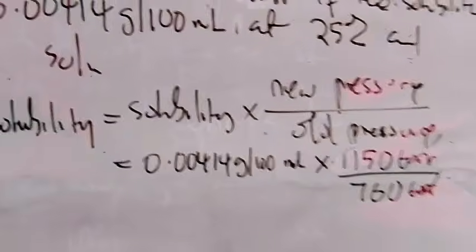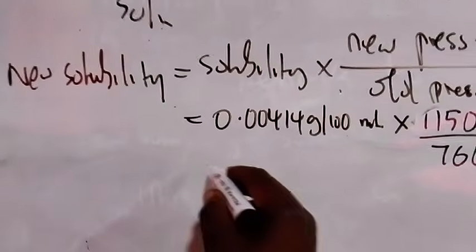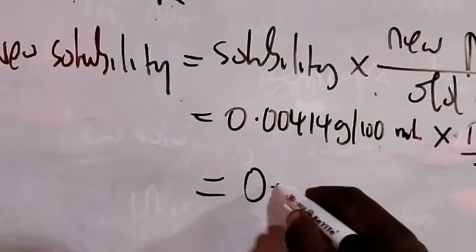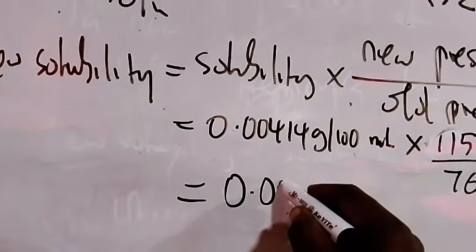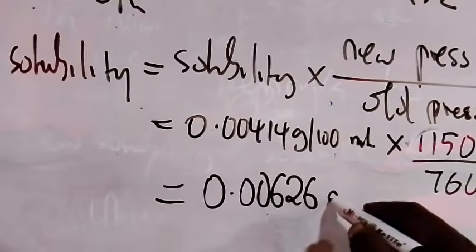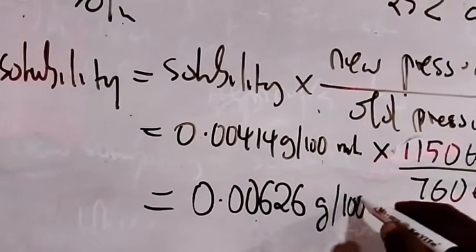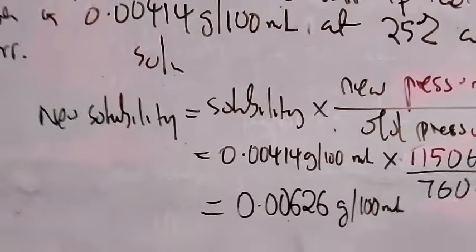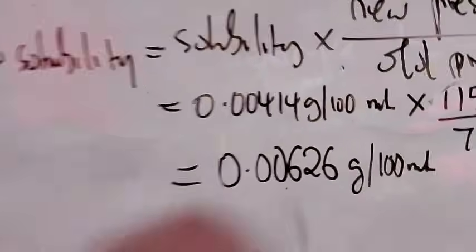So you can see that the torr cancels. Then you do your arithmetic. We are going to find the new solubility at 0.00626 grams per 100 milliliter. Okay, so that is how we can calculate the new solubility.